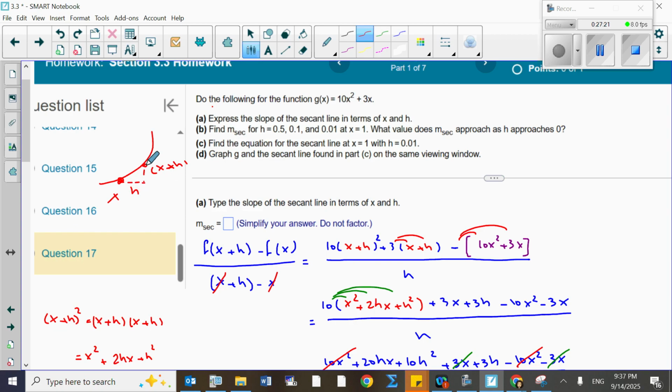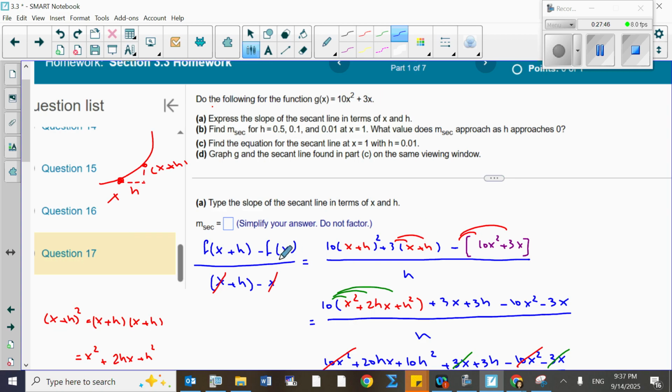And we are interested to know what is f of x plus h minus f of x over x plus h minus x. So all I'm going to do here is replace x with x plus h into my equation over here. So this is going to be 10 times x plus h squared plus 3 times x plus h. So just replace x with this.